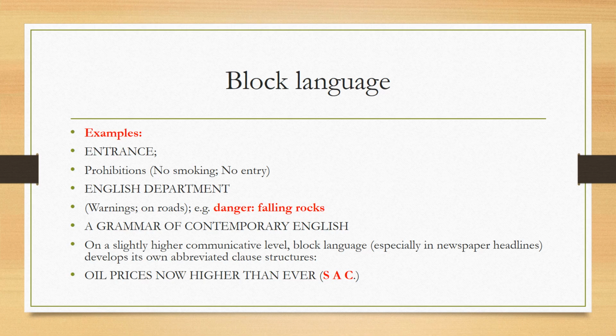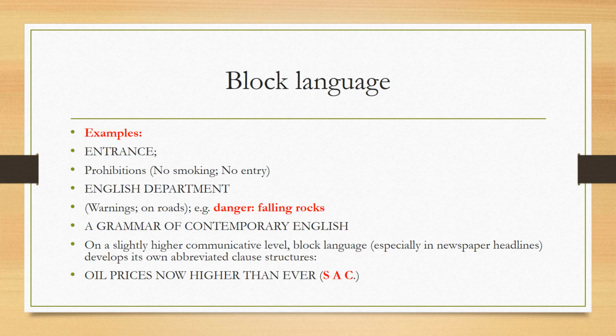Okay, you see, the main element is only the noun. It is not a complete sentence. There's no verb. But the context will help you understand that you have to watch out, because ahead of you there is a danger.